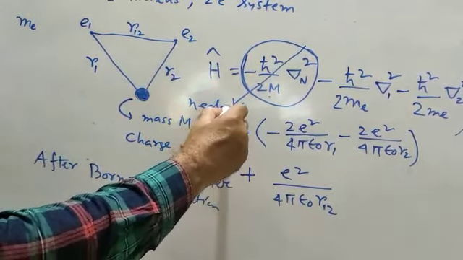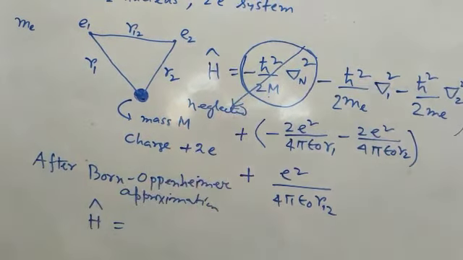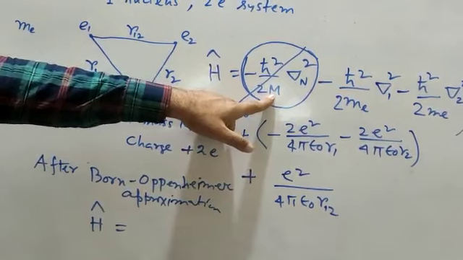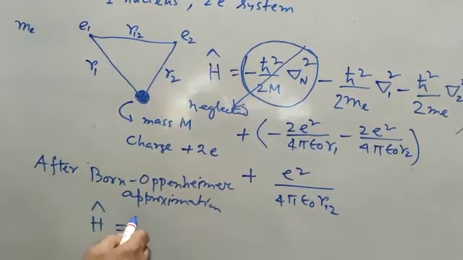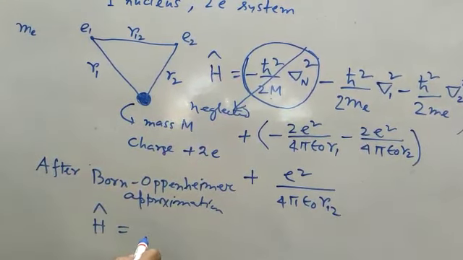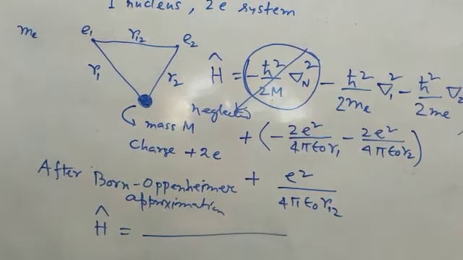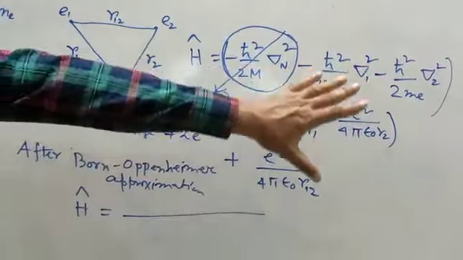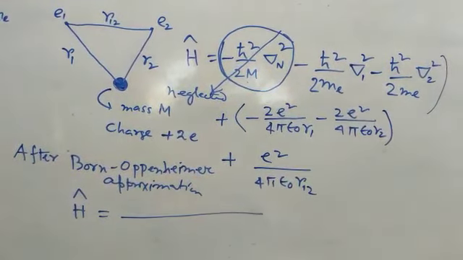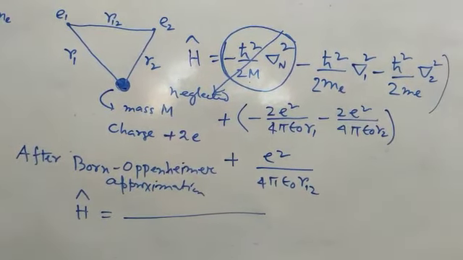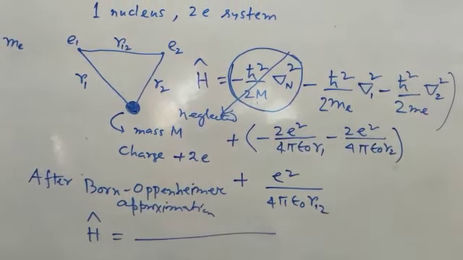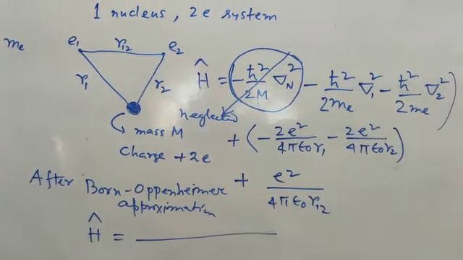The nuclear kinetic energy part can be neglected because the mass of the nucleus is so high. So this part will not be there, and the rest of the kinetic energy and the potential energy parts will be there. Apart from the first part, all other parts will be there. So this is the total Hamiltonian after the Born-Oppenheimer approximation, and we will take it as the Hamiltonian of the system.